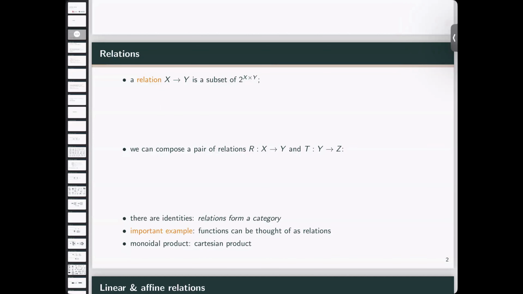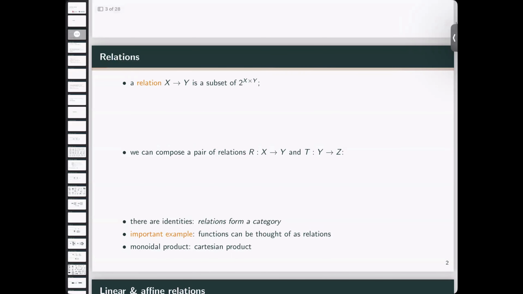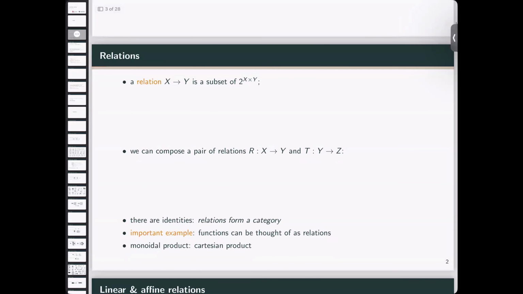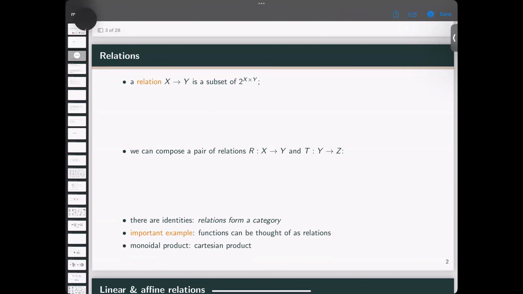A relation from a set X to a set Y is defined to be a subset of the power set of X times Y. And what that means is that this relation is a collection of elements of the form x paired with y, where x belongs to the set X and y belongs to the set Y.